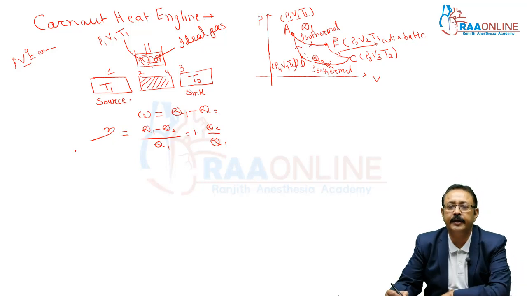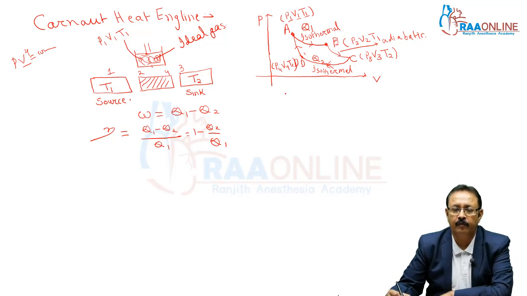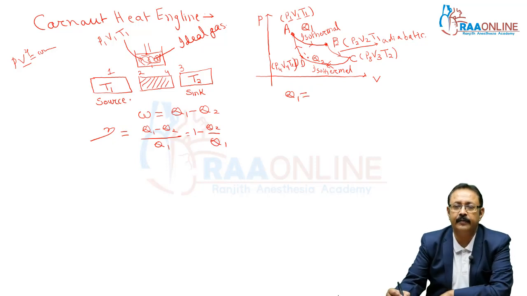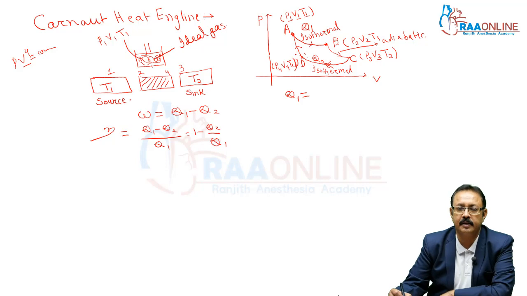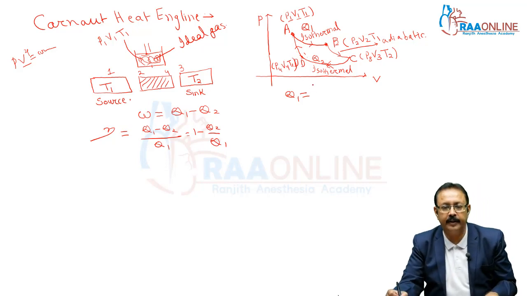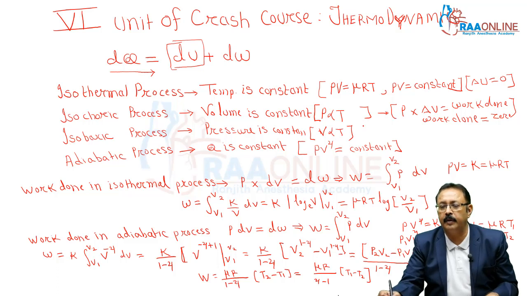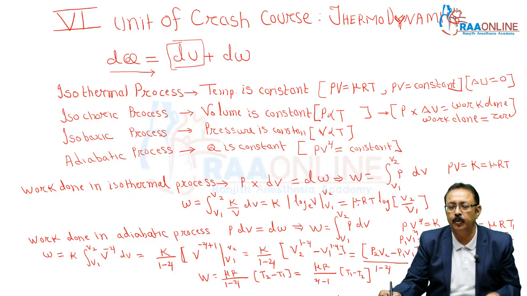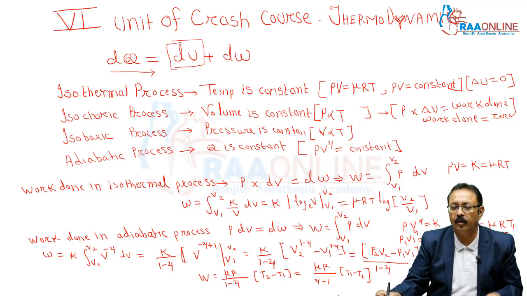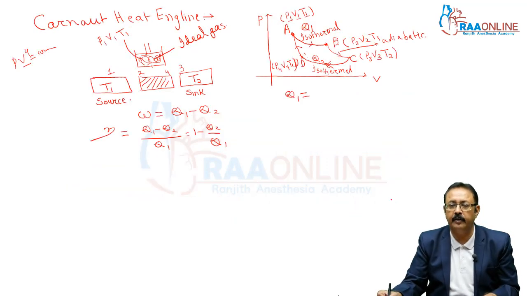We can calculate Q1. What work was gas doing at that time? It was getting energy from outside. Since it was an isothermal process, we can use the work done in an isothermal process, mu RT log V2 upon V1, final volume upon initial volume.